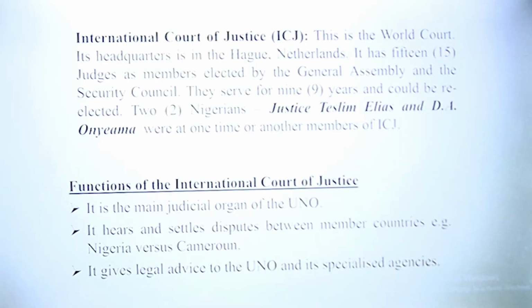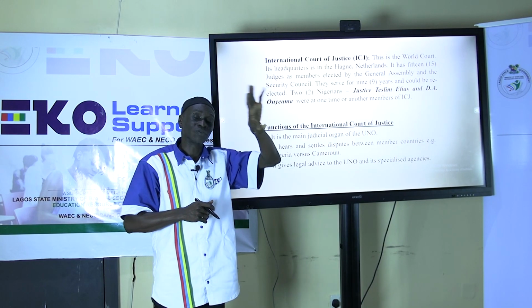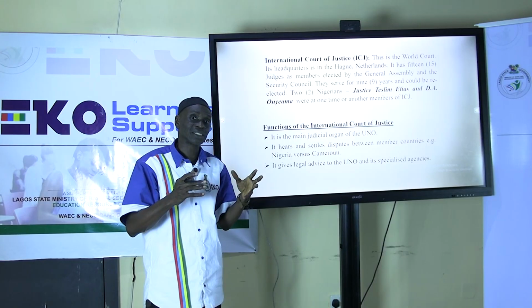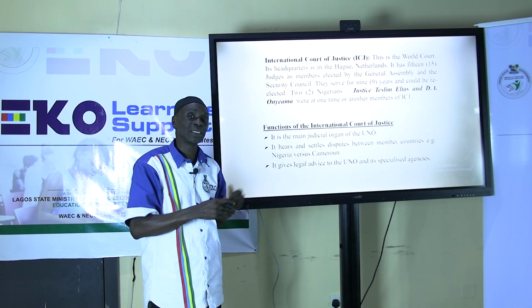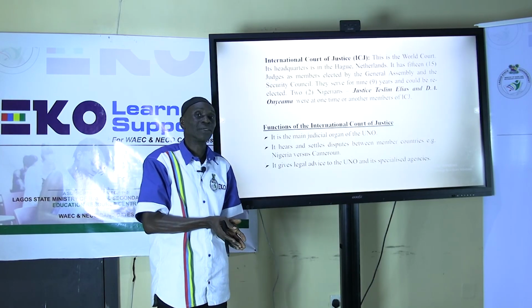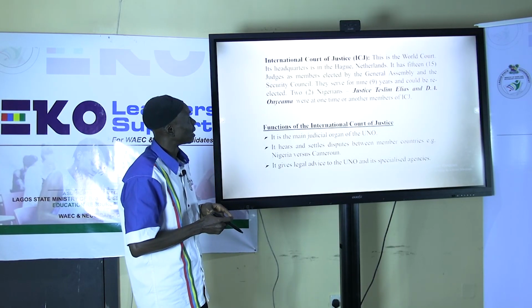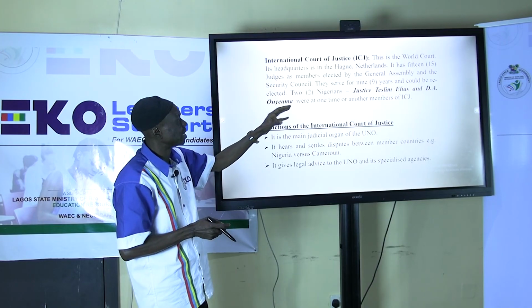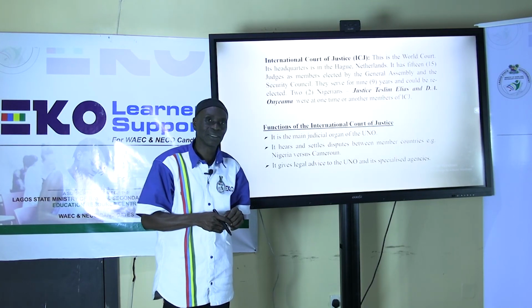It consists of 15 judges as members, elected once again by the General Assembly. Don't forget, the General Assembly has membership represented from all over the world, all heads of state or their representatives. Our president currently is a member of the General Assembly. They serve for 9 years and can be re-elected.